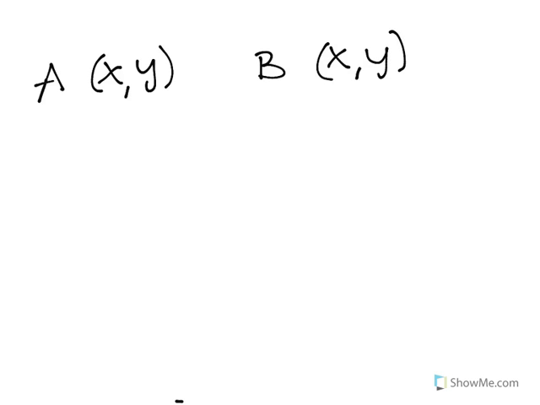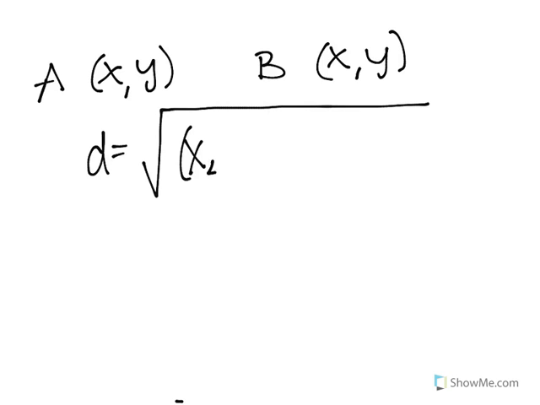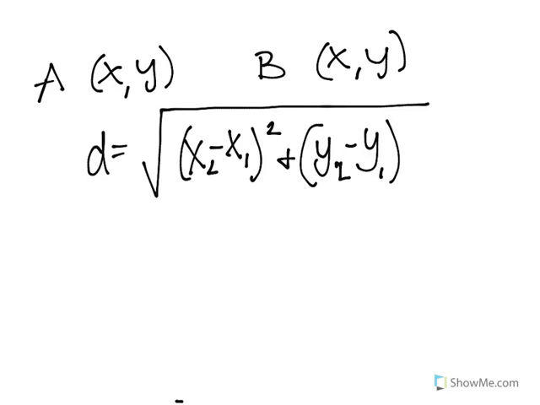So the distance formula is the square root of x2 minus x1 squared plus y2 minus y1 squared.